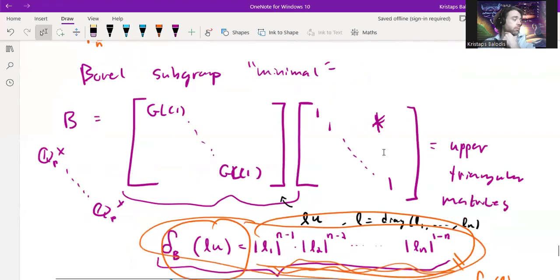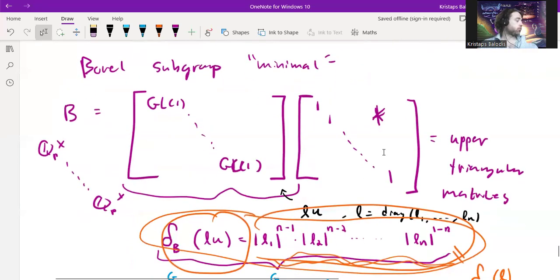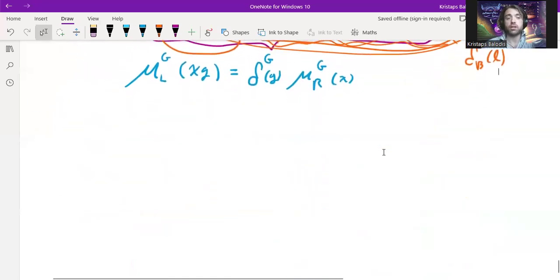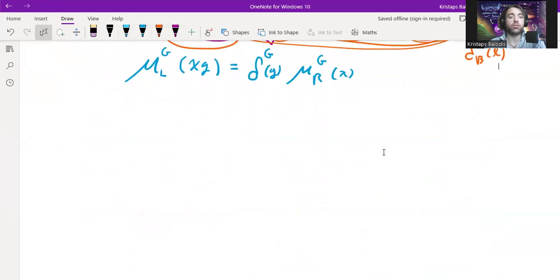There's one last thing I want to mention to you before I go, and that is the fact that, again, if you know about Frobenius reciprocity, it's this bijection of sets of homomorphisms, or if you like, it's a natural transformation of functors.